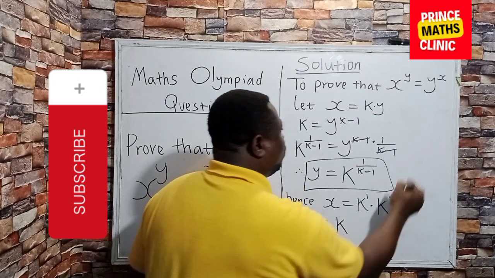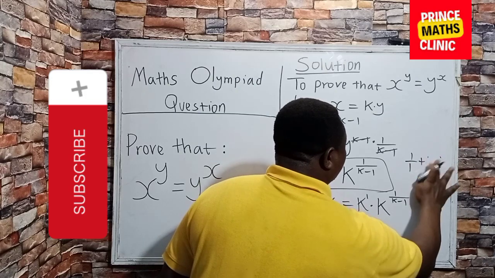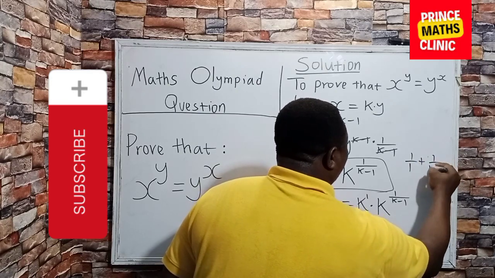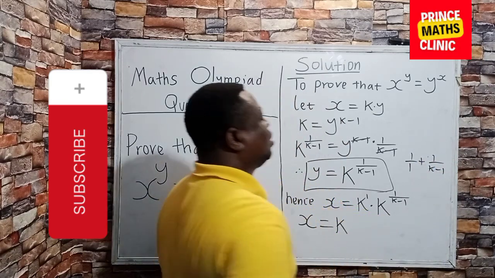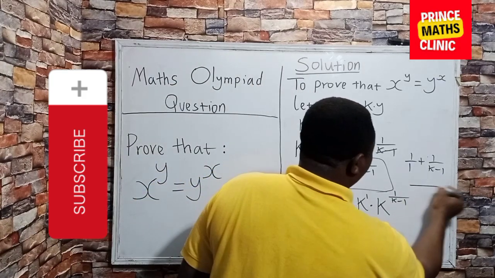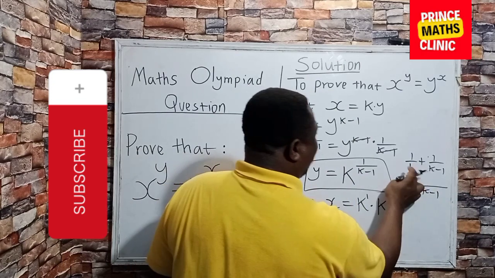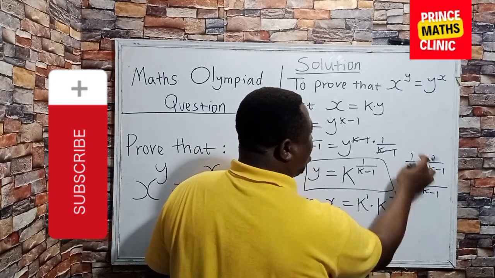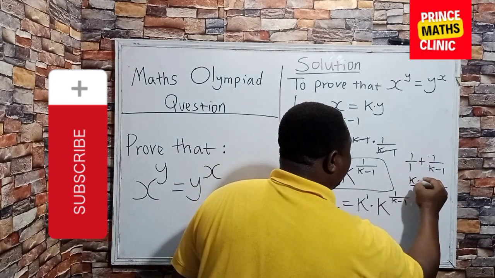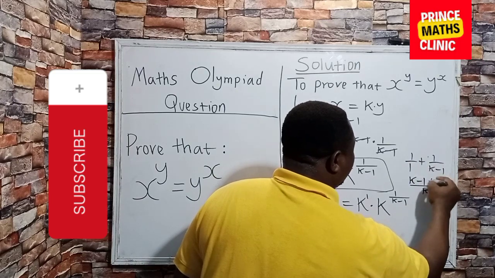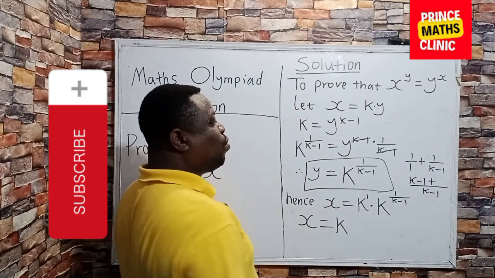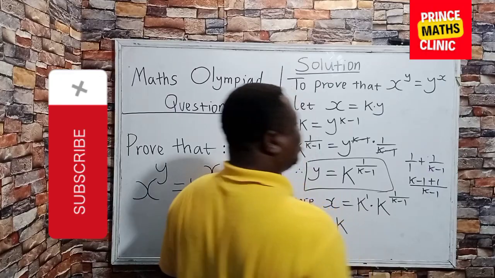If I add 1 over 1 plus 1 over k minus 1, my denominator becomes k minus 1, and 1 in k minus 1 is k minus 1, multiplied by 1 becomes k minus 1, then plus k minus 1 in k minus 1 is 1. 1 times 1 is 1.